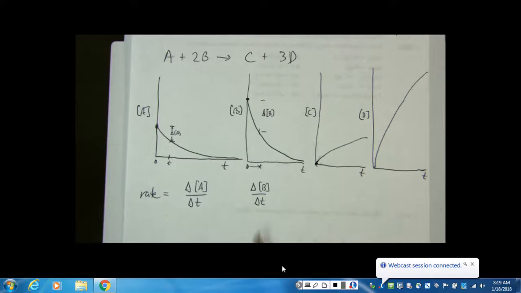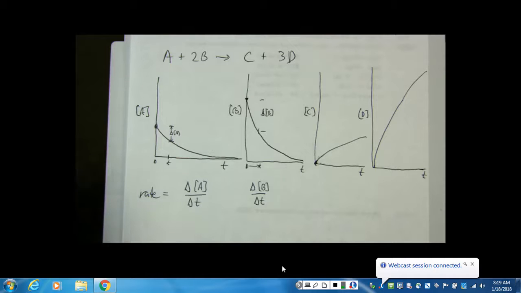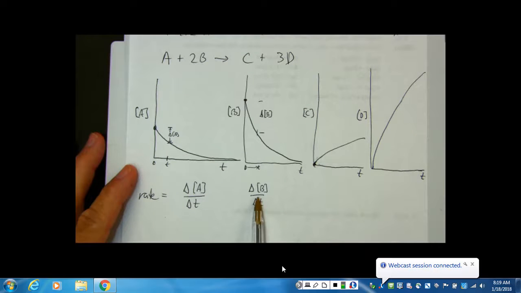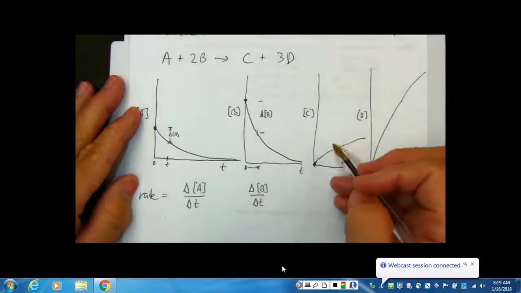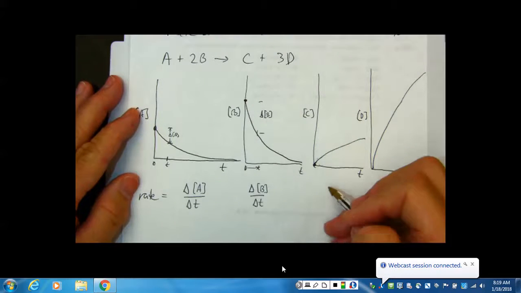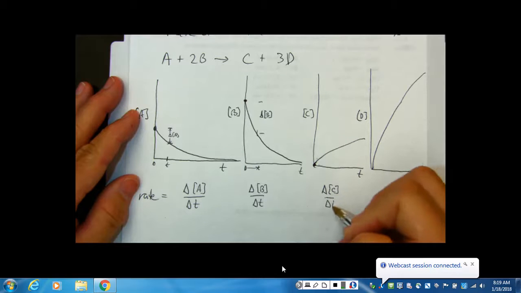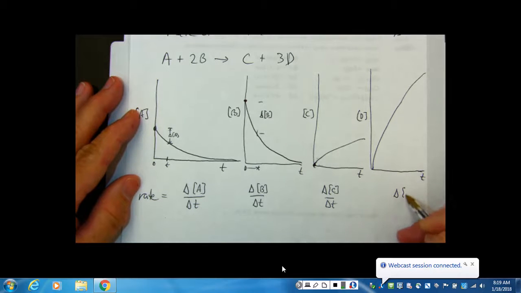No. And what did we say that difference is? This one is related to this one by how much? Twice. Okay, the rate of change in C is delta C over delta T, and this one is delta D over delta T.